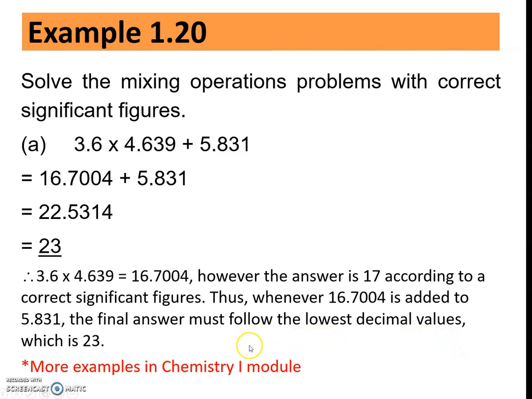More examples are given in the Chemistry 1 module. I hope you can do your revision on this topic, with this mixing operation. You have to consider significant figures whenever you solve multiplication and division, and then you have to consider the lowest decimal value whenever you have addition and subtraction problems.